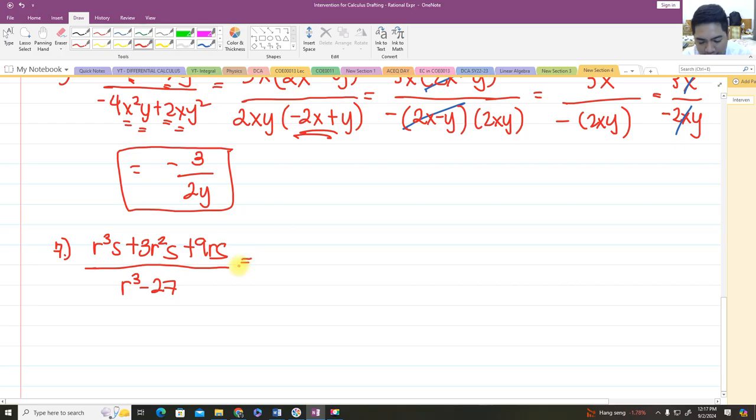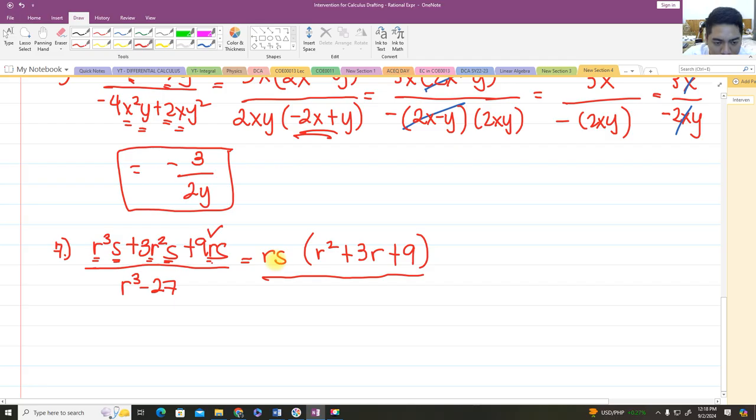On the numerator side, we can factor out rs because it's common: we have rs in every term. If I factor out rs, that would be r squared plus 3r plus, in the last term, 9 here.